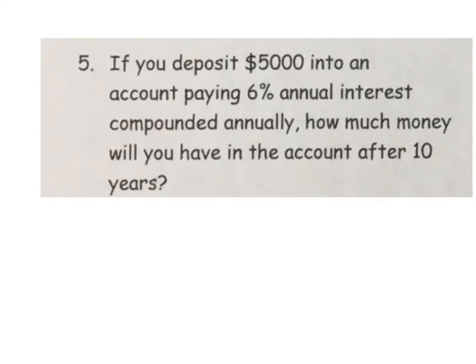Number 5. If you deposit $5,000 into an account paying 6% annual interest, compounded annually, how much money will you have in the account after 10 years? So this word right here tells me which kind of interest I'm using. It is compound interest. So you just have to use the formula.